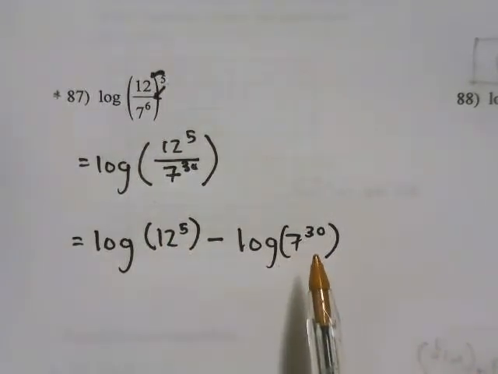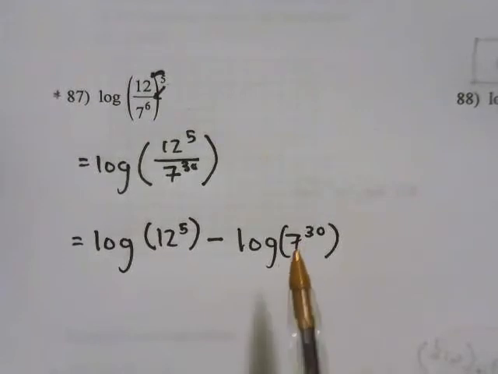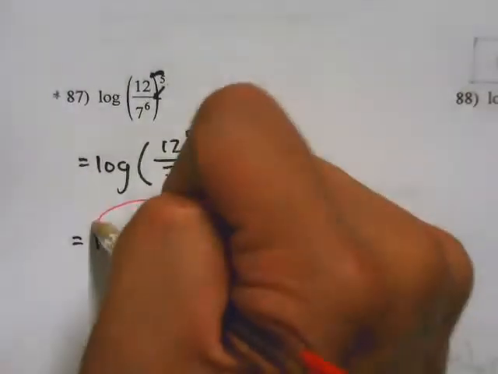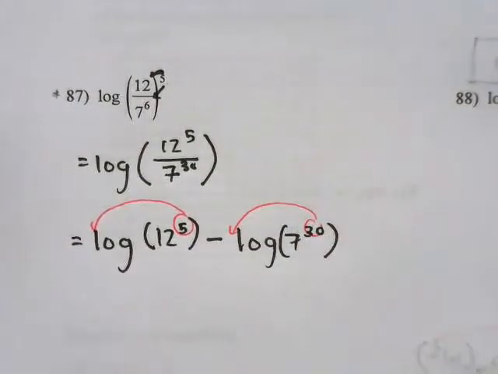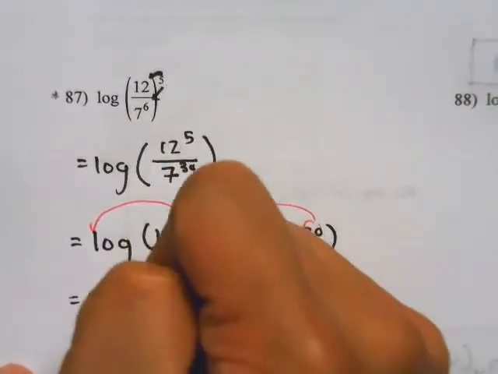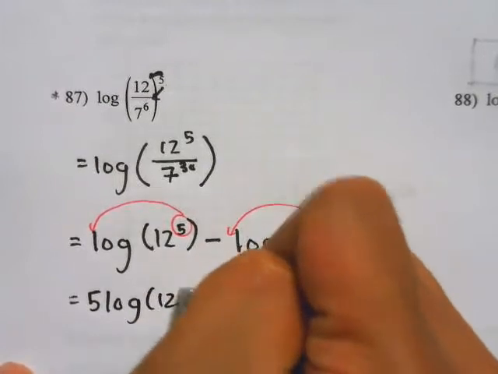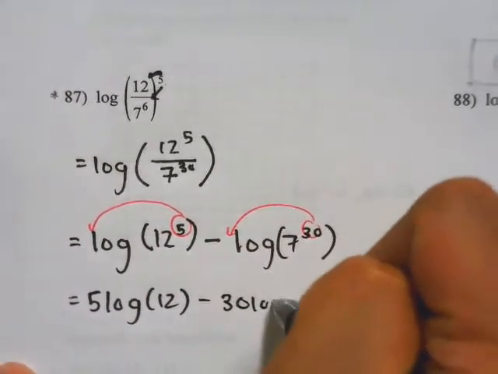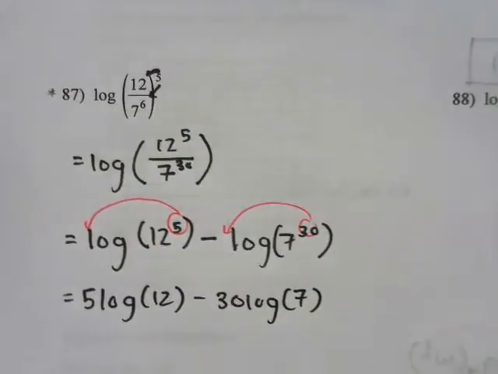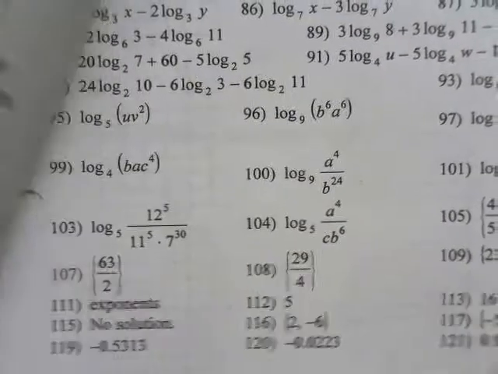I don't want you to do that. So just take the 5 and take the 30, and you should be done. 5 log of 12 minus 30 log of 7. That should be it. Let's check that answer key, 87. Yeah, okay.